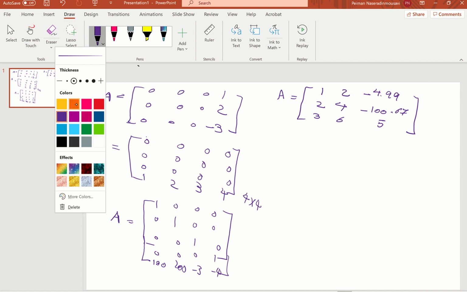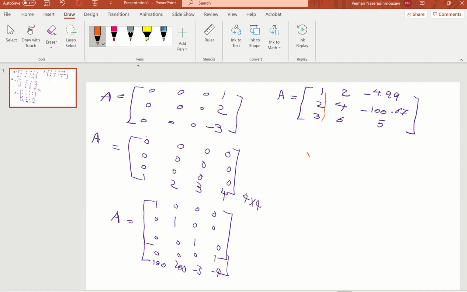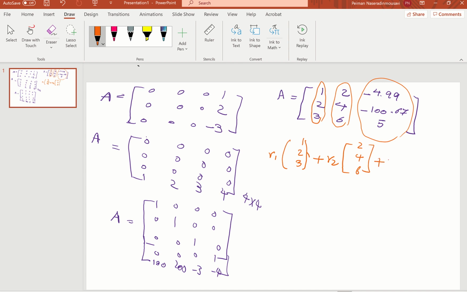Now look at here, guys. This is the first column, this is the second column, and this is the third column. Now, if I make exactly the same relation as I did here, R1 times 1, 2, 3, plus R2 times 2, 4, 6, plus R3 times minus 4.99, minus 100.67, and 5 is equal to 0.